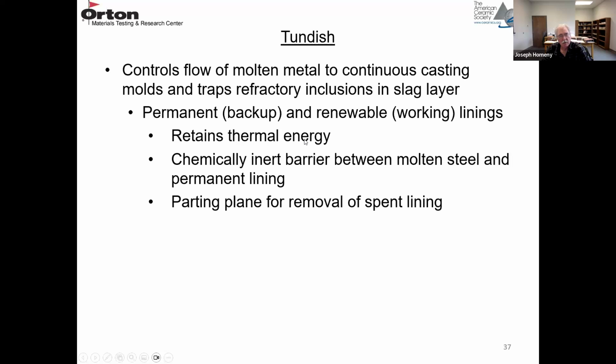So the tundish, you want to have it insulated so that the steel retains its temperature, and you need a chemically inert barrier between the molten steel and the permanent lining. And that allows for a parting plane when the spent lining is removed after you cool it down. The spent lining parts easily from the backup lining or the permanent lining.